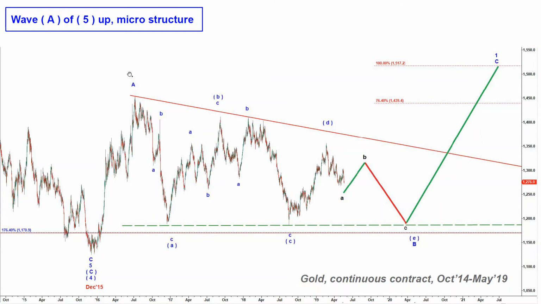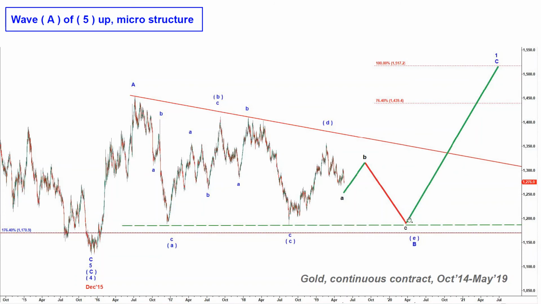And one of the options I can use here is to count it as a corrective wave B down shaped as a triangle. A triangle is subdivided into 5 waves, A, B, C, D, and E, and once we complete a triangle, we should get a continuation in the direction of the main trend, which is up.